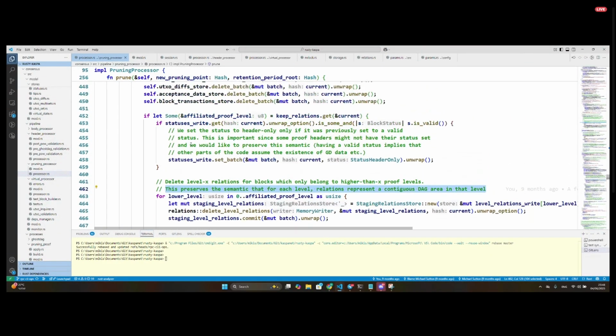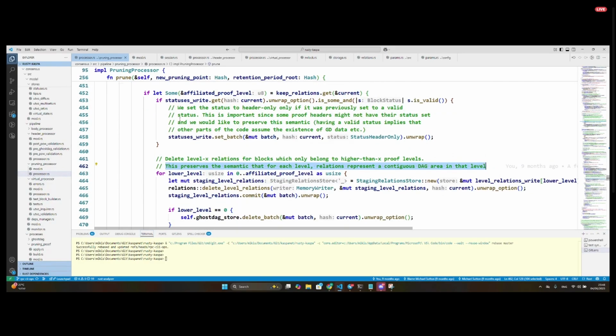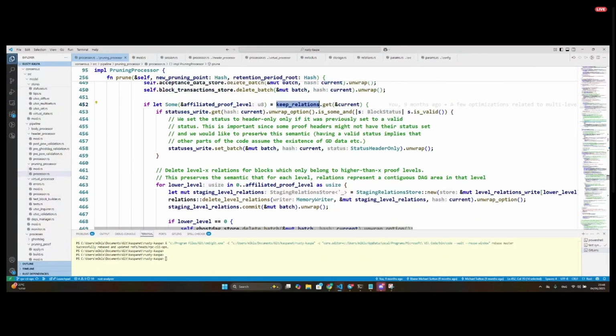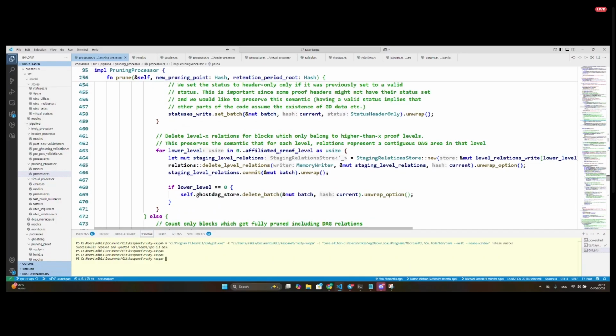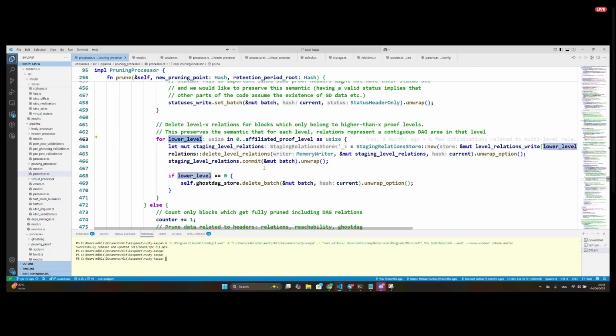So even when we keep relations, we're not going to delete reachability, headers, or GHOSTDAG data, etc. But we are going to delete level relations that are below the level.